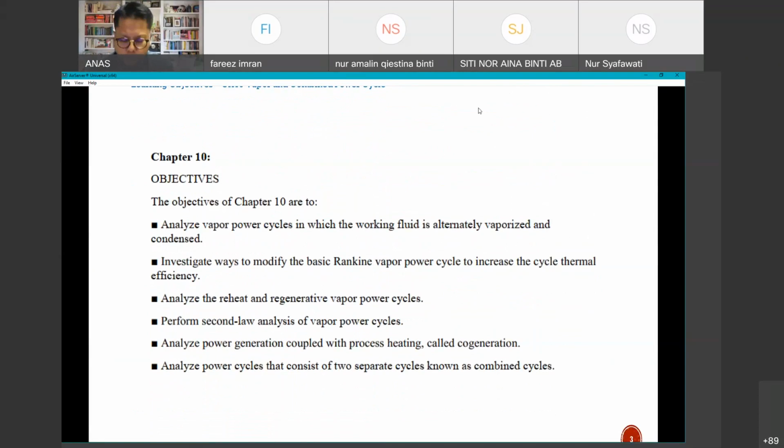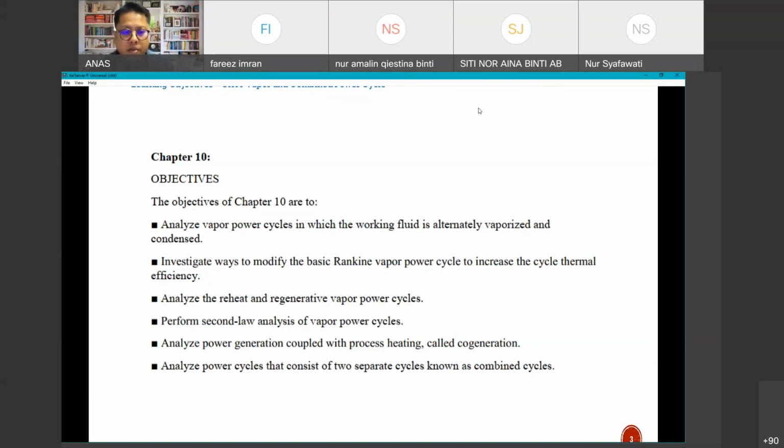If you remember from the first one that we learned for gas power cycle, we looked at the 3 main cycles, which are Otto, diesel, and also Rankine. They use the ideal gas, basically, where the properties of the gas do not change phase.